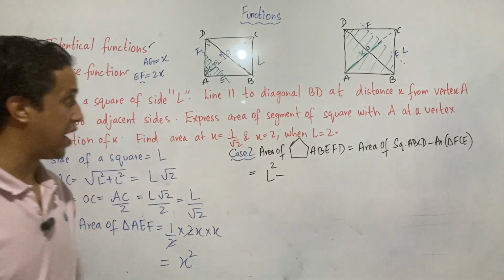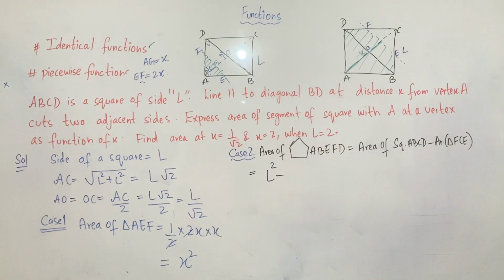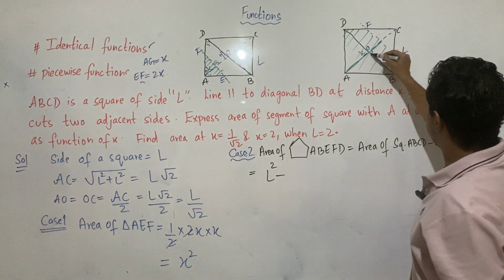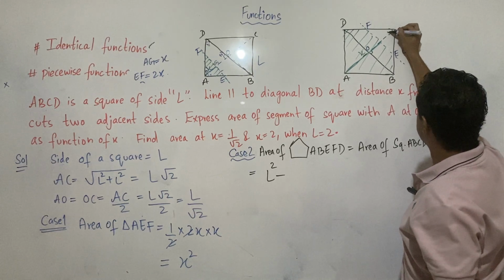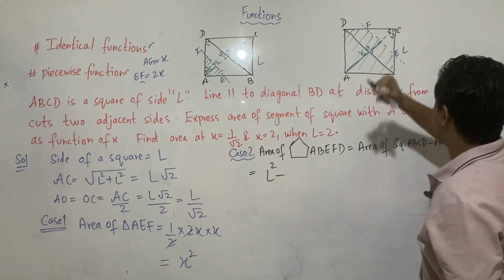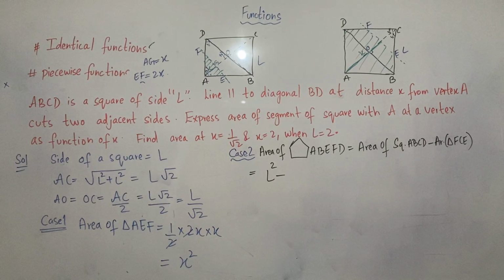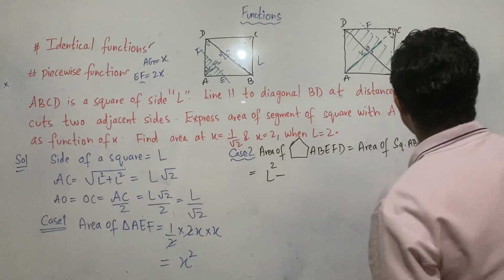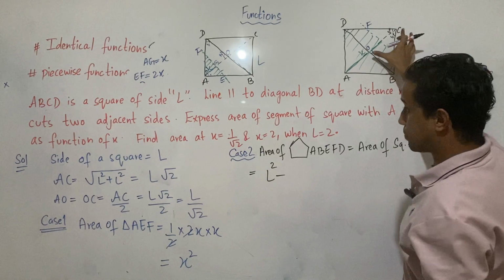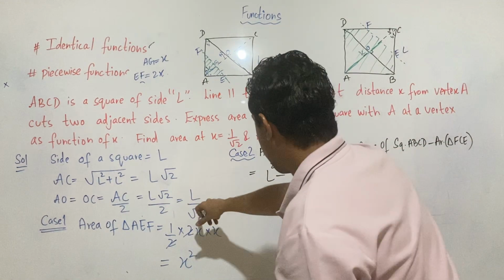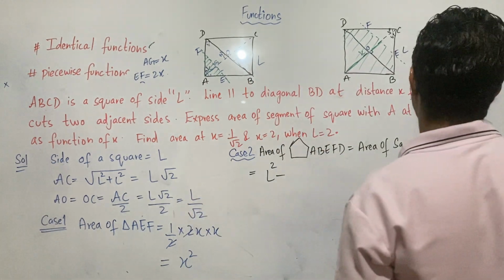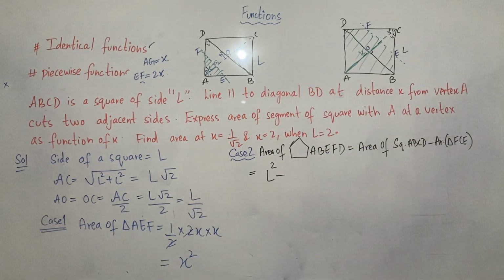And for the area of FCE, come here again, this is your 90 degree, this is your 90 degree, so it means this is going to be 45 degree too, right? And this length OC is L by root 2. So what we can do here is, this is x, right?